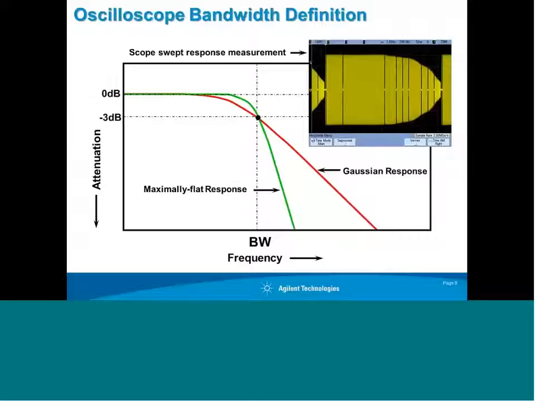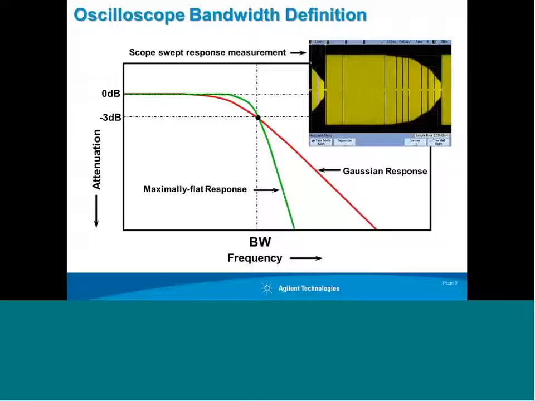What we show in the upper right of this slide is actually a swept frequency response using an input sweep generator. You begin at a low frequency sine wave, and then you sweep up to a higher frequency, and as you get to higher frequencies, you'll see the amplitude of the signals decrease. Where they decrease to 3 dB, which translates to approximately 30% amplitude error, is where a scope's bandwidth is specified.